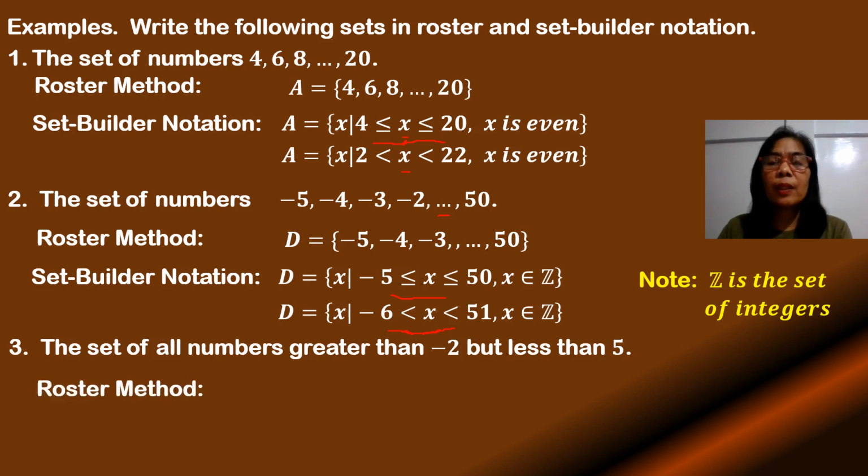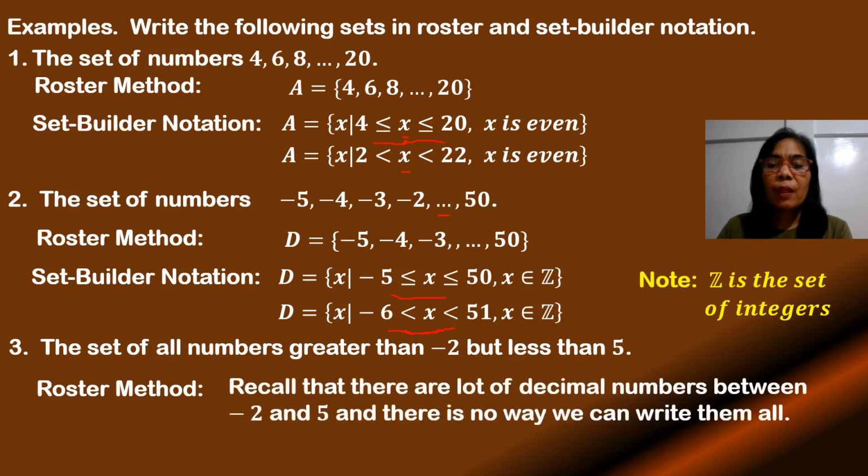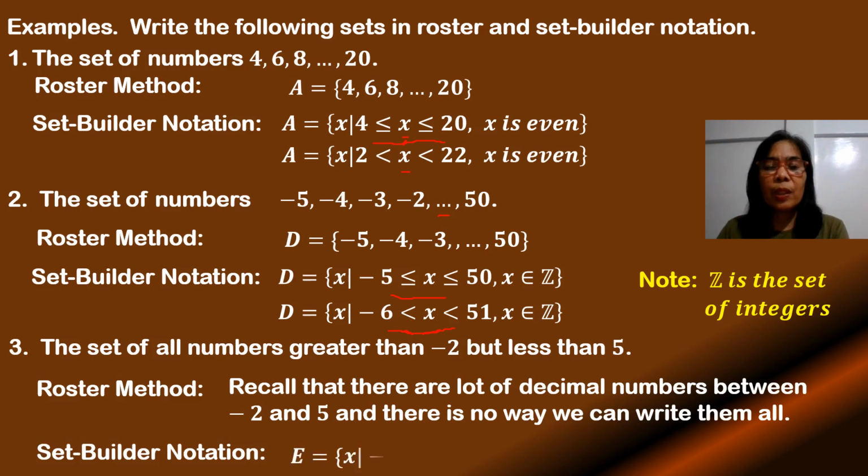So if you will look at the real number line, notice that there are a lot of decimal numbers which are greater than -2 but less than 5. So there is no way we can write them all in a set. In the set builder notation, we can just say the set is the set of x such that x is greater than -2 but less than 5. Okay?